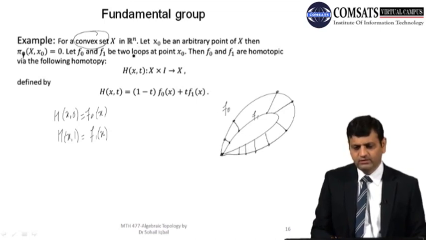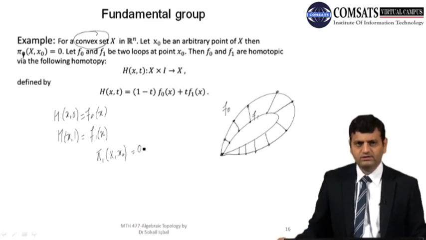In other words, the straight line joining 2 points must be contained in the convex set. That's where we are using the convexity of the set. So if it is a convex set, then any two loops at a point x0 are homotopic, and so we can say that for a convex set the fundamental group is equal to 0, or trivial.